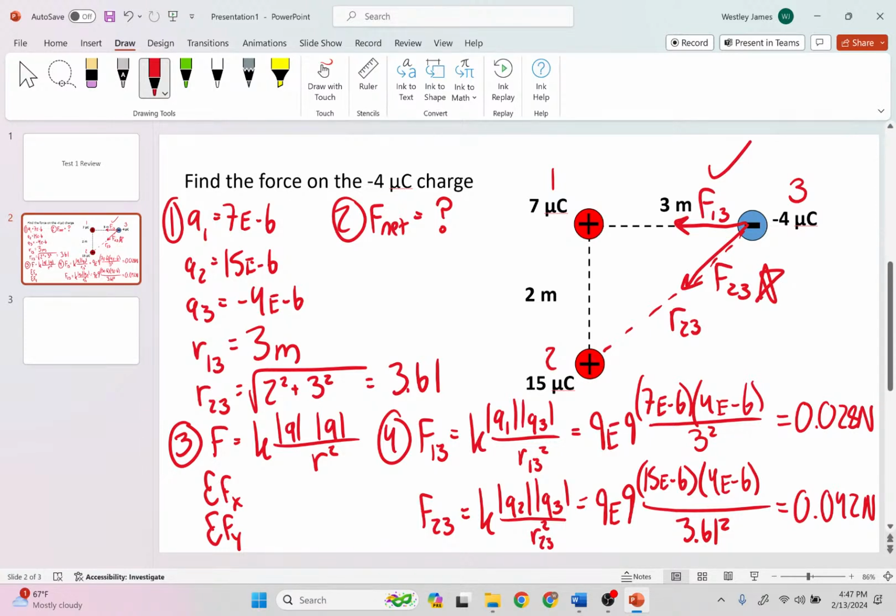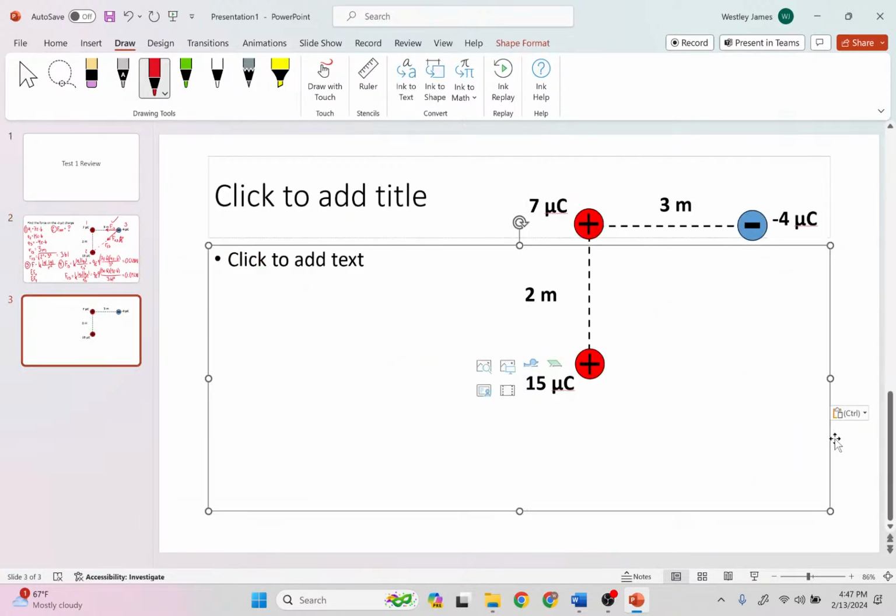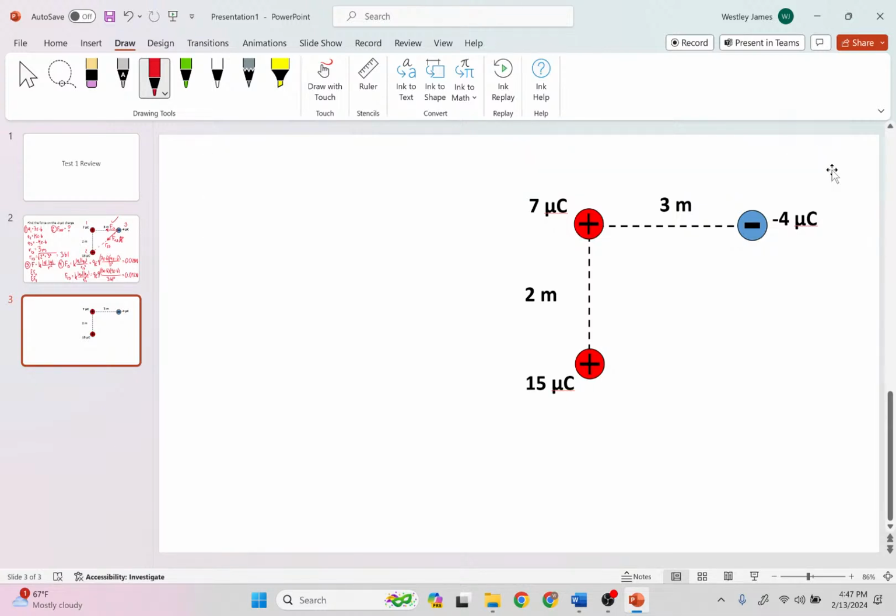Now, unfortunately, we're going to have to do a little bit of work before we can get to that point. So if we look at F23 on this picture, F23 is here. We need this angle to be able to find the X and Y components.